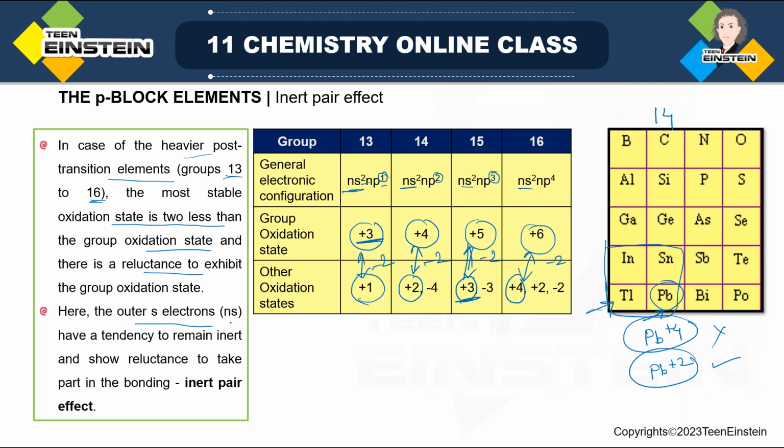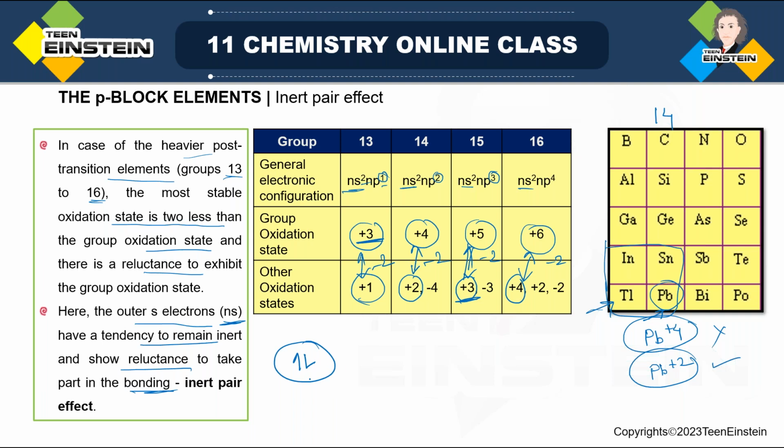Here the outer s electrons, that is ns electrons, may be 5s or 6s, though mostly it is applicable from the 6th period. So you can consider 6s electrons have a tendency to remain inert and show reluctance to take part in bonding. They are in paired condition; if they are to take part in any bonding, first of all they have to be in unpaired condition.